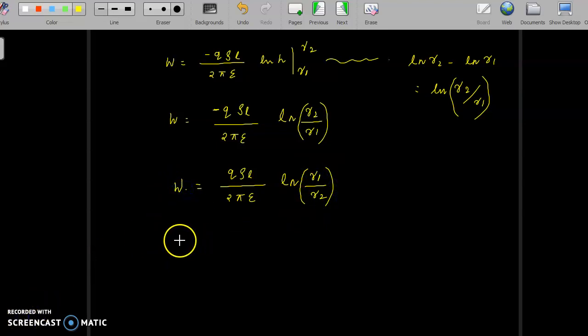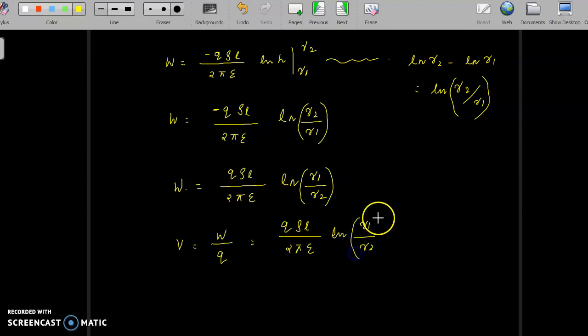Whereas the voltage, the electric potential, is work done per unit charge, W by Q. So W, as we know, is Q rho L over 2 pi epsilon natural log of R1 by R2, divided by Q. So Q gets cancelled. The final expression becomes rho L over 2 pi epsilon natural log of R1 by R2.